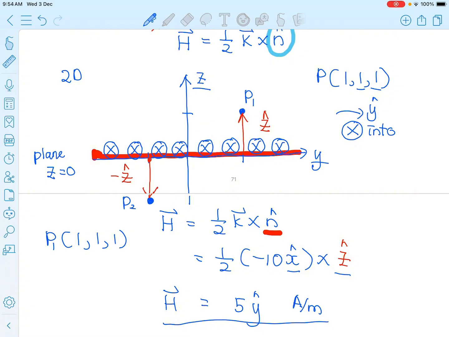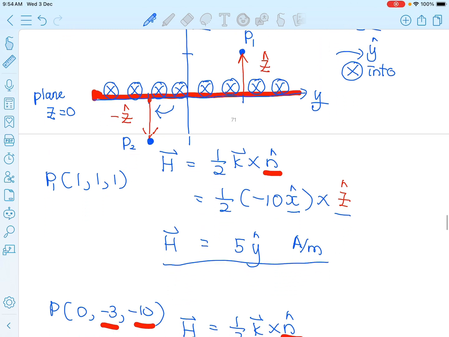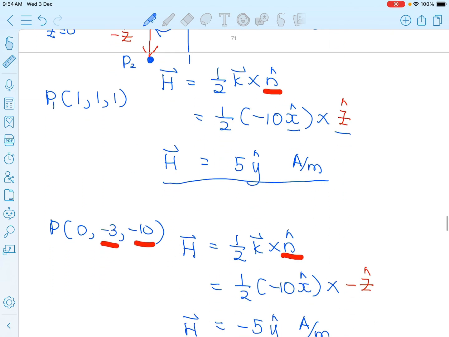On the other hand, for this one, when you point your thumb into the page, the forefinger will go to this side, which is the negative y direction. So this is how you determine the direction of the magnetic field by using the right hand.